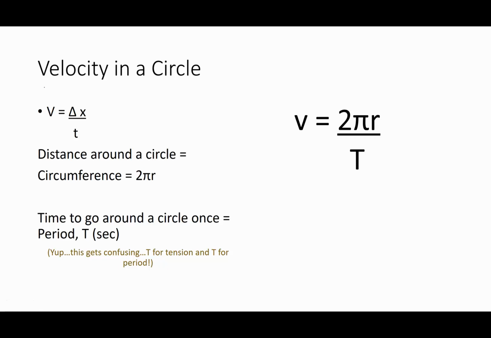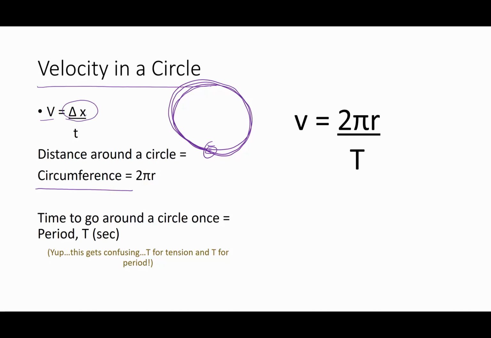Let's talk about velocity in a circle. Let's say I've got an object that's just going in a circular path. And it could be something as simple as the Earth going around the sun, or as complicated as a collection of gears, or maybe a DVD that's spinning. The distance around a circle is called its circumference. So we can replace the velocity as change in displacement over time. So the displacement is 2 pi r, that circumference. And there's a new term, and the term is period.